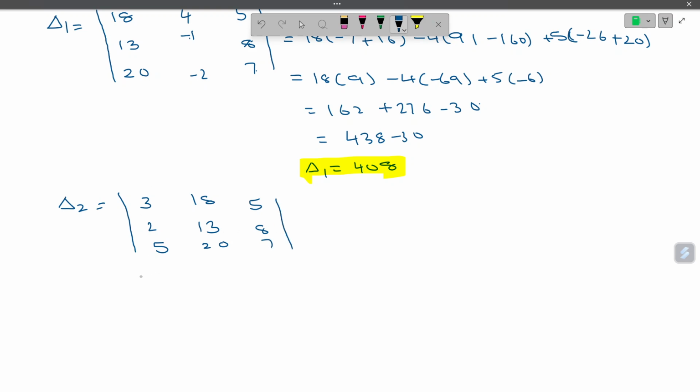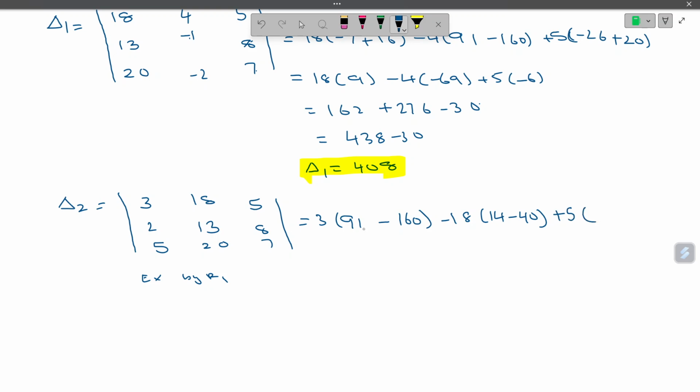Now similarly expanding by R1: 3, this row, 13 times 7 is 91, minus 20 times 8 is 160, minus 69. Formula minus: 8, this gives 2 times 7 is 14 and 5 times 8 is 40, minus 26.